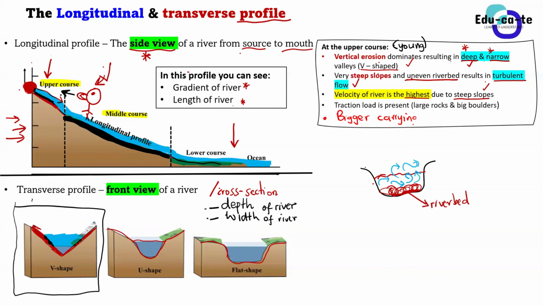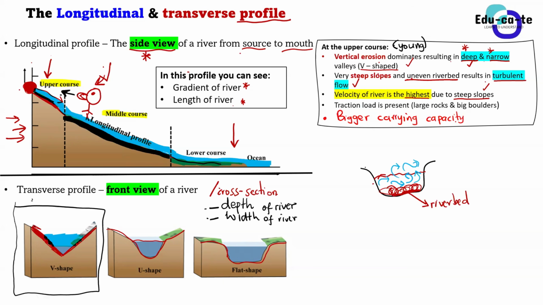Basically, the water is able to carry materials in it, to carry the eroded materials. Because remember, this water erodes materials from the ground. It removes materials from the ground. So it's able to carry those materials with itself and wash them away. So it has got a greater carrying capacity.